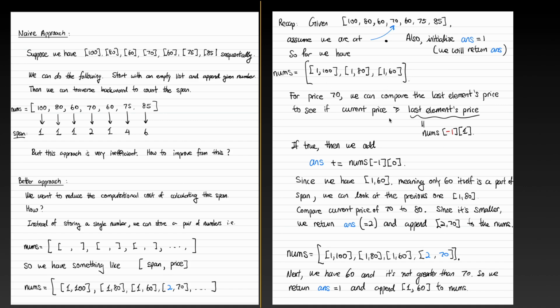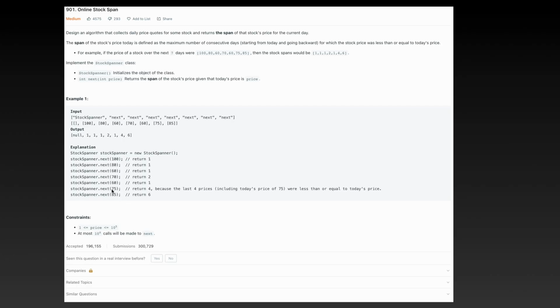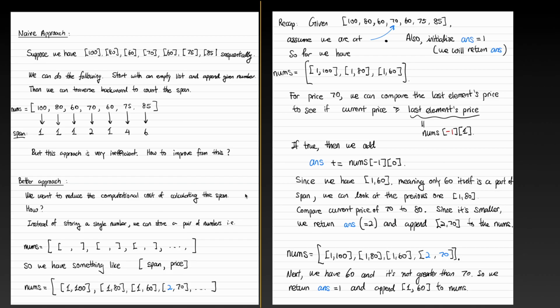If the current price is greater than or equal to the last element's price, we update our answer variable. We initialize ans to 1, and this is what we return whenever we invoke the next method. If this is true, we increment our answer variable by this span.